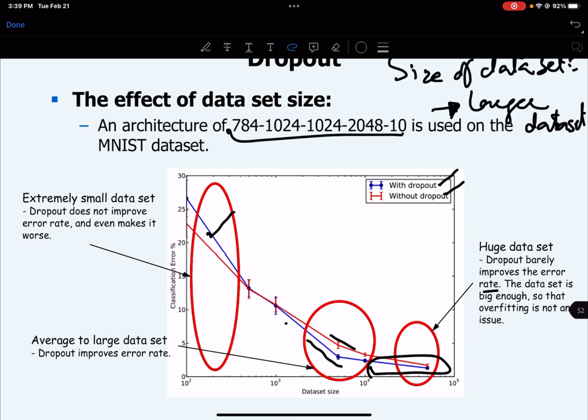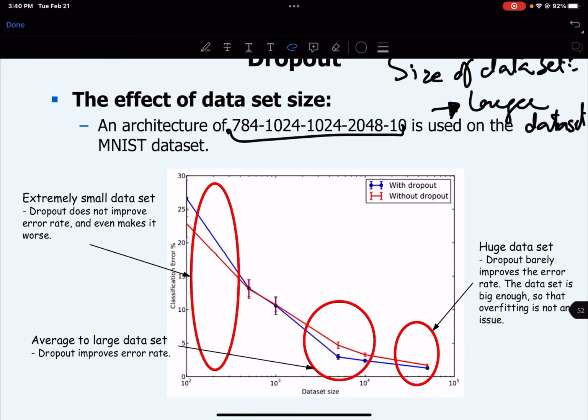So with this network, we conclude here that we can use dropout to improve the network performance, to make our network less complex.